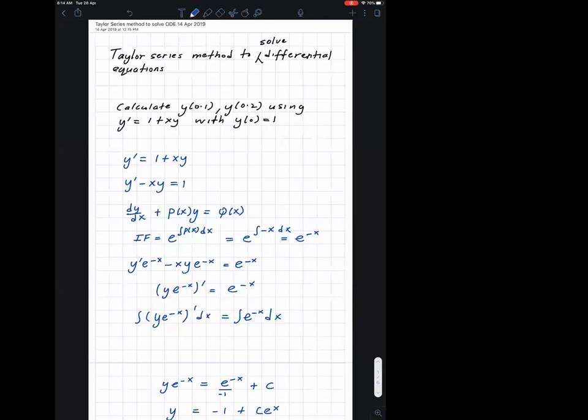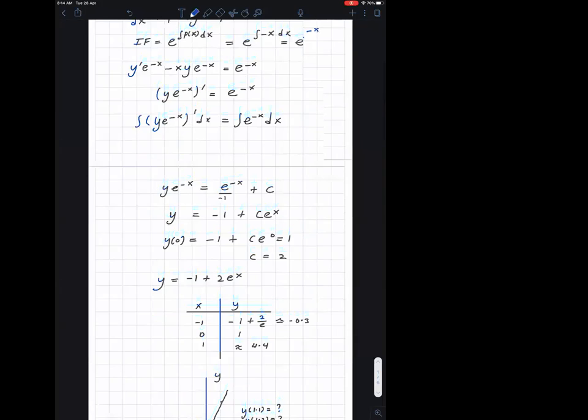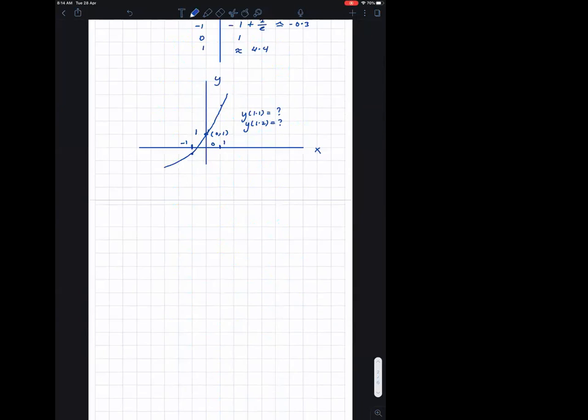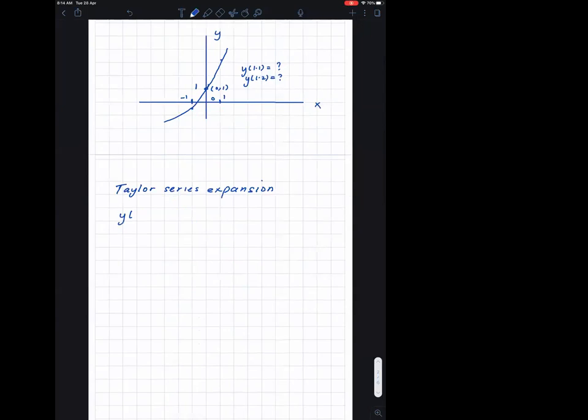Okay, now calculate y at 0.1 using Taylor series. Taylor series expansion around x. The Taylor series expansion at x is given by x plus delta x.